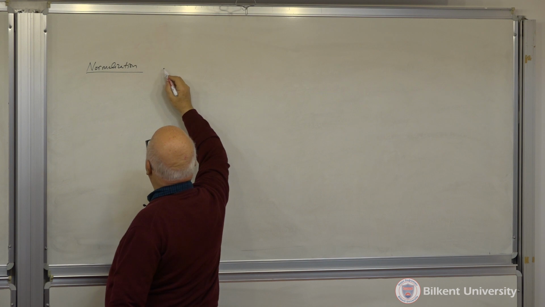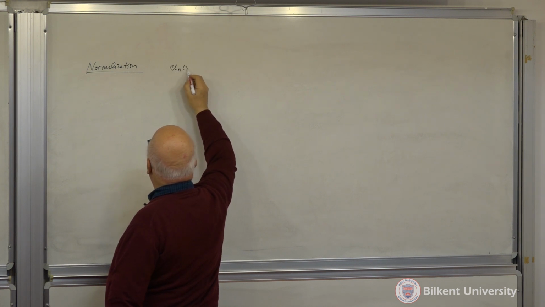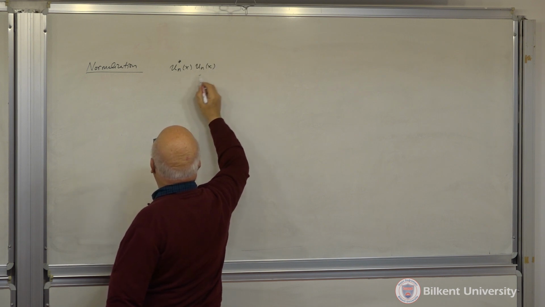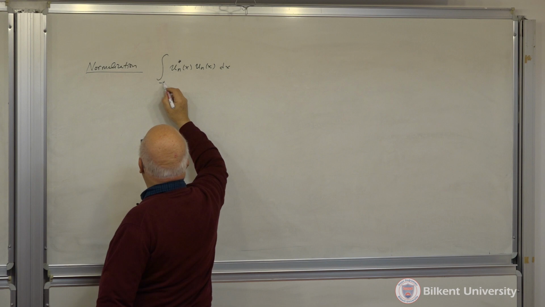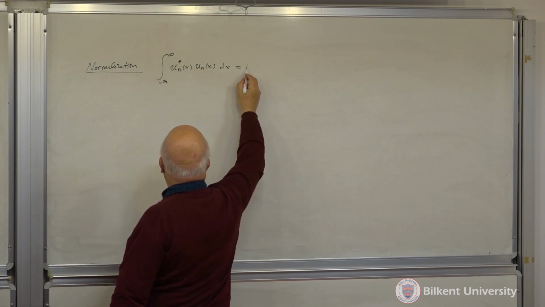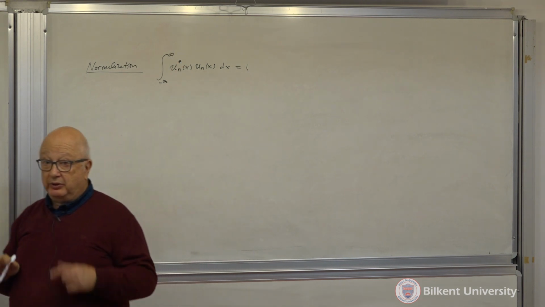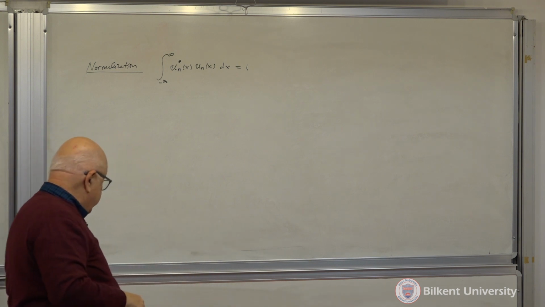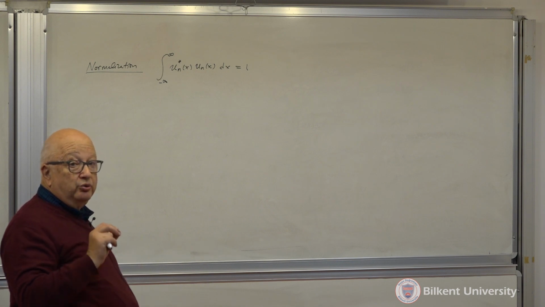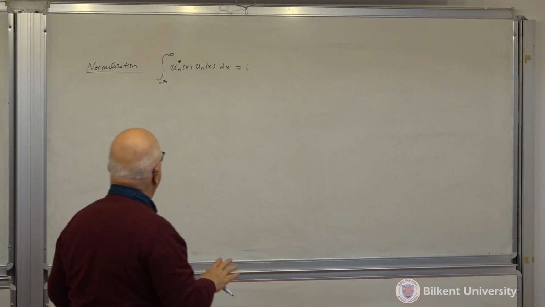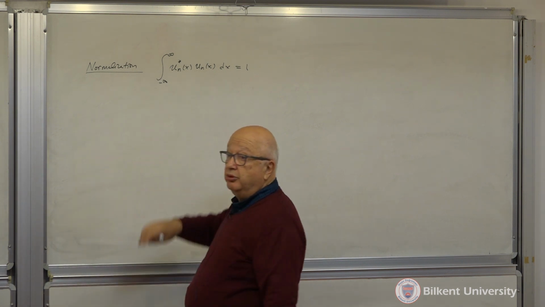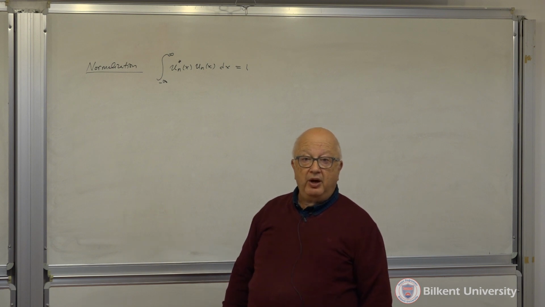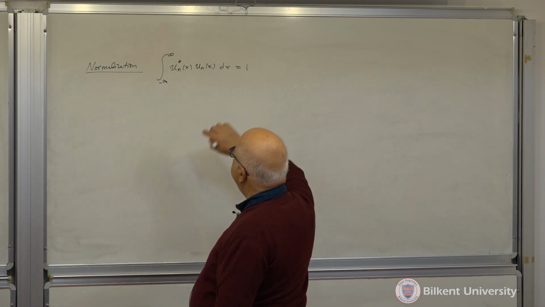I just want these un of x star, although they are all real, un of x dx from minus infinity to infinity to equal 1. That's what I want. So when I find, for example, what this ground state is, I have to determine that C so that it is normalized. So I always work with an orthonormal set of states.